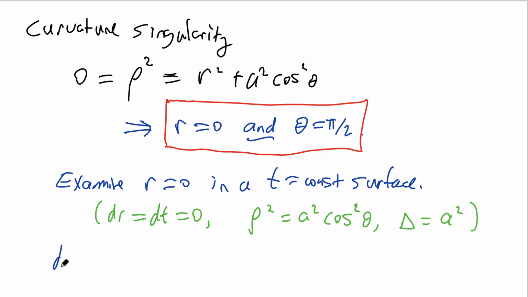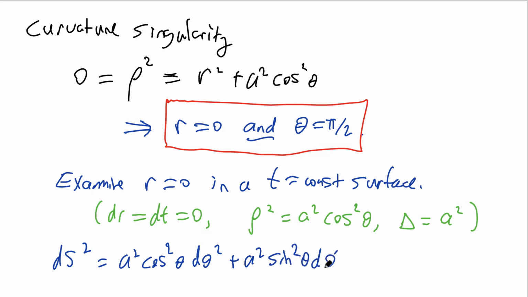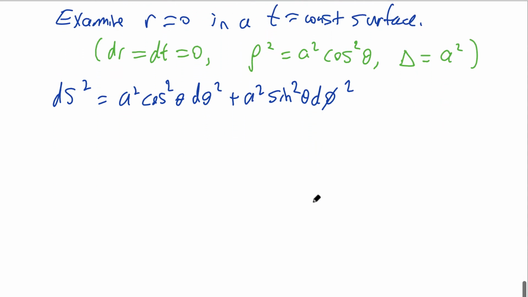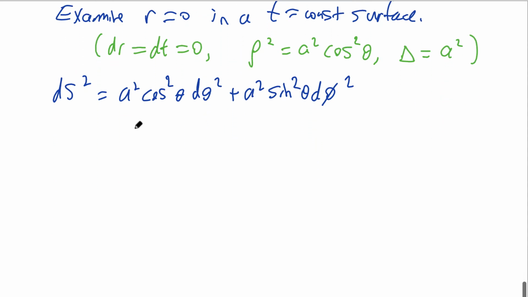And then the line element, or the metric, becomes a squared times cosine squared theta d theta squared plus a squared sine squared theta d phi squared. So this is the geometry of r equals 0 within a t equal constant surface. And we can write this in a little bit more familiar looking form by changing variables. Let's define a radial coordinate. Now I don't want to use the letter r.